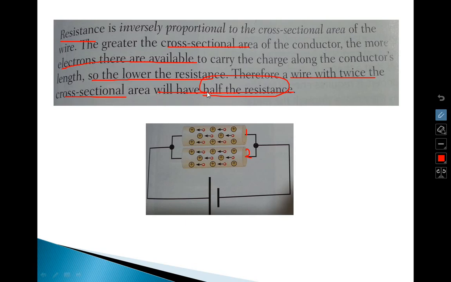So those two factors, length and cross-sectional area, have opposite effects on resistance.